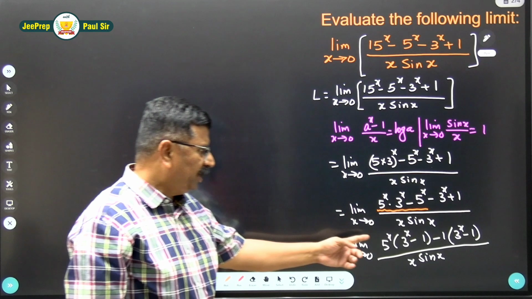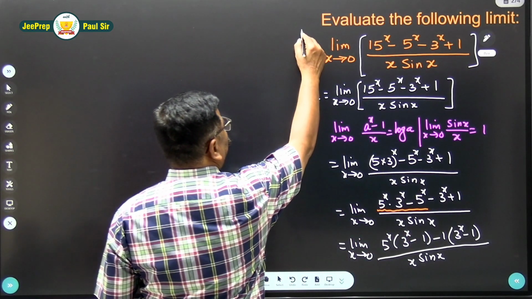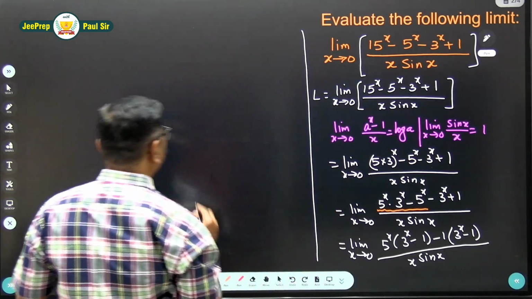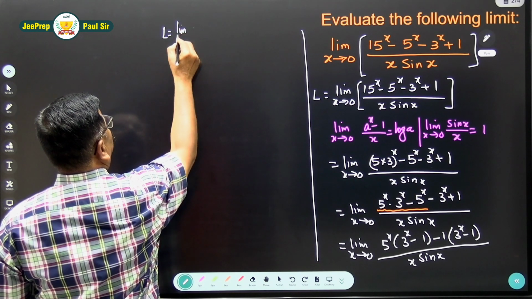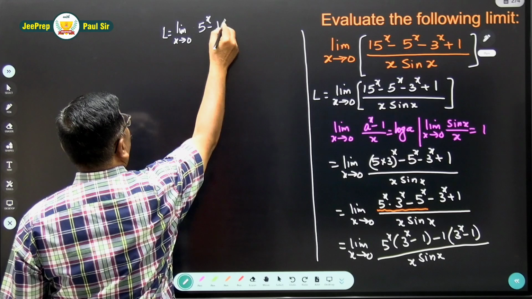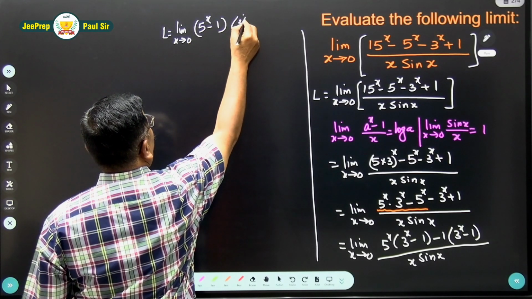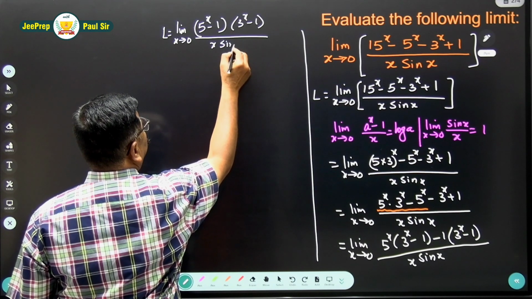Now even from the numerator we can have this 3 raised to x minus 1 as a common factor. So limit x tends to 0, (5 raised to x minus 1) into (3 raised to x minus 1), whole divided by x sin x.